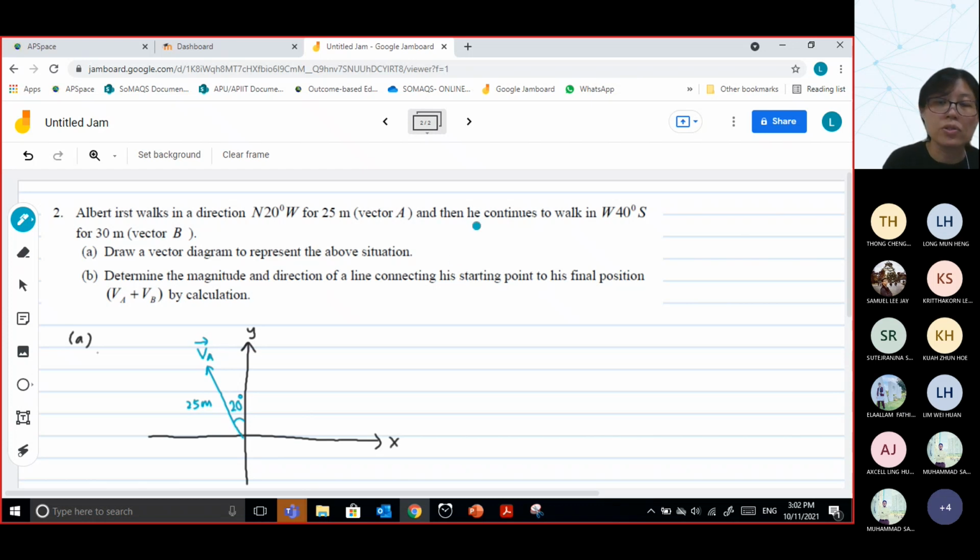Okay, VA. So the next one is west 40 degree south. Which quadrant? The third quadrant.